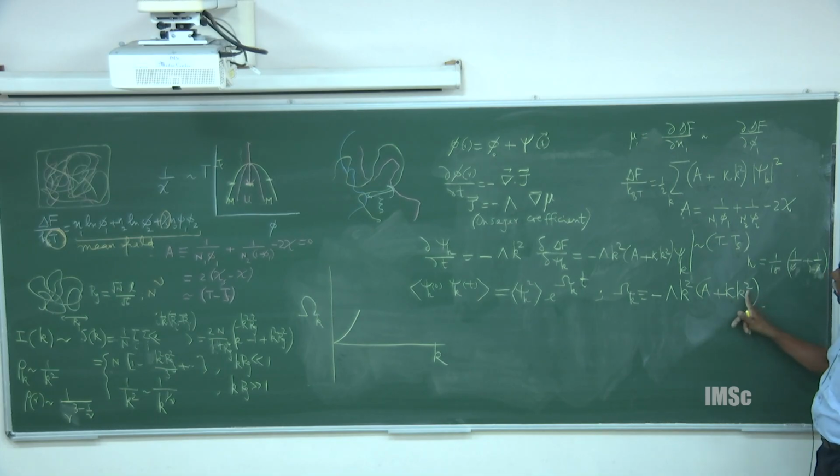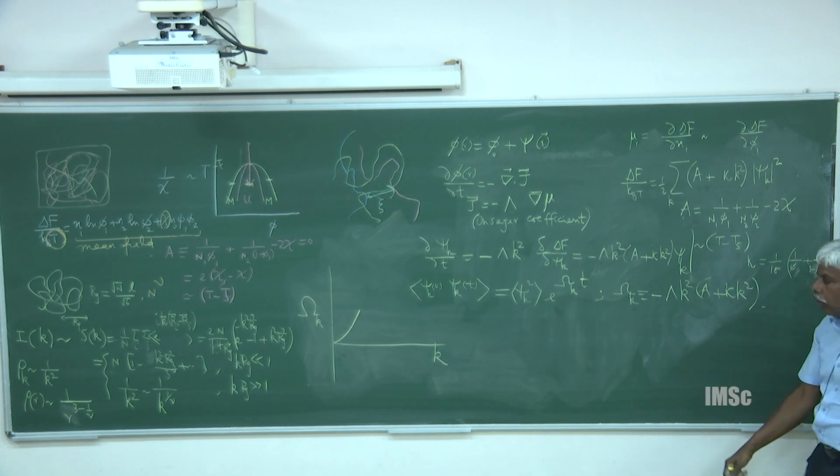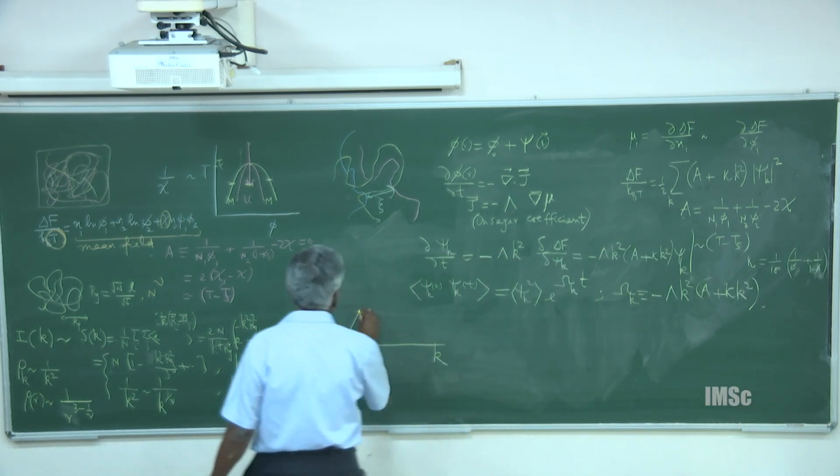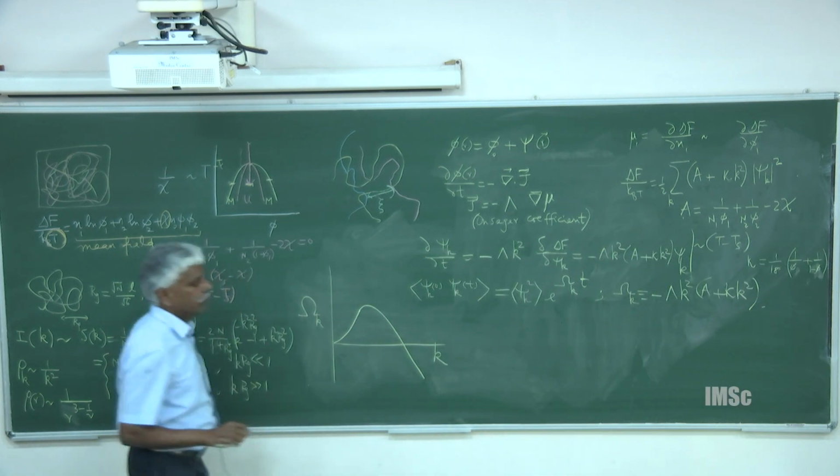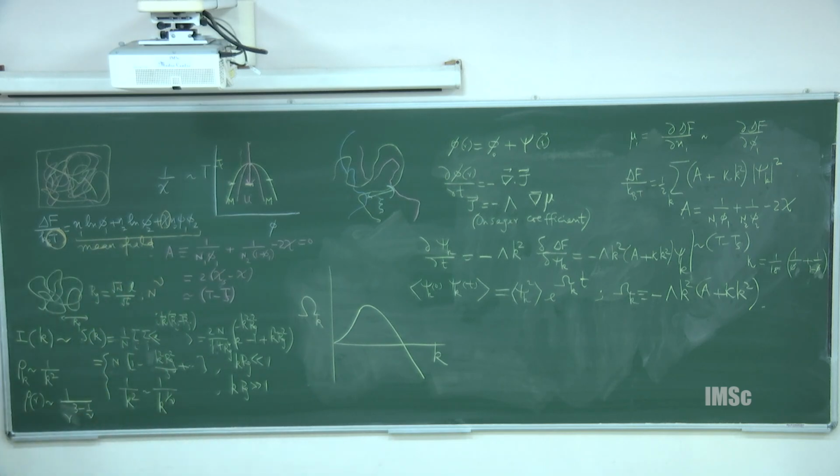This is positive times positive with a negative sign, so it is going to go like k to the 4 with a negative sign. It is going to crash down like k to the 4. So, it has to turn around, right.